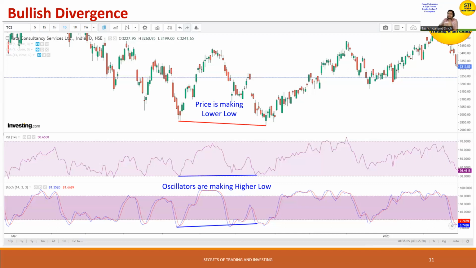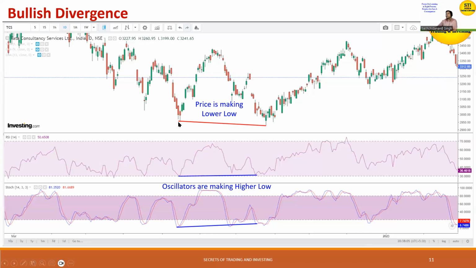We have seen chart patterns like the double bottom or inverted head and shoulders. This is another concept which gives better conviction on top of those chart patterns or the candlestick patterns.